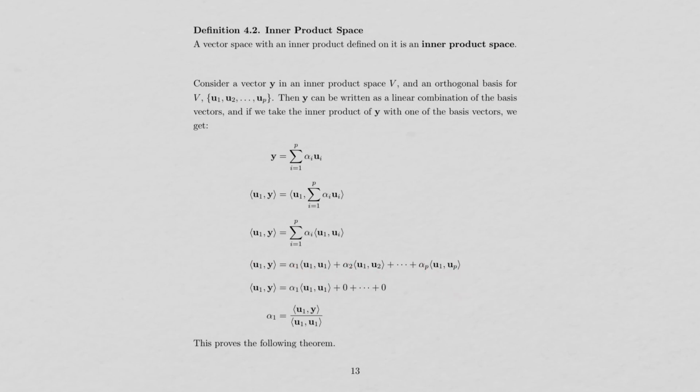I could get another equation with all those alphas if I did the inner product of u2 with y. And then I'd have a similar equation here, except that this would be u2 and u1, and then u2 and u2, and u2 and u3, and then u2 and up. And then I'd have alpha 1, alpha 2, and alpha p. So I could get a system of p equations in p variables, and I could solve that for the alphas. But I'd have to solve a whole system of equations for all the alphas all at once.